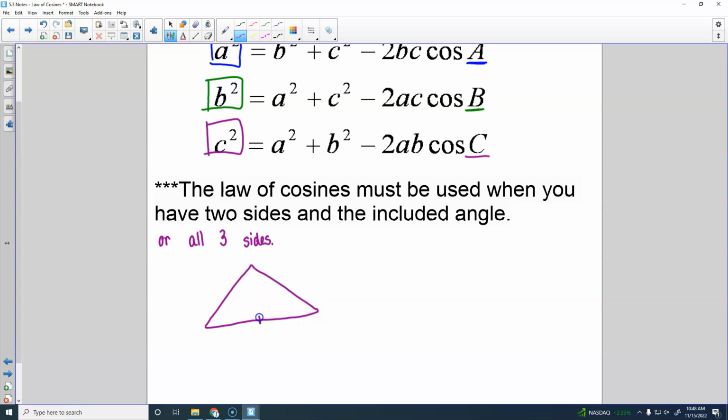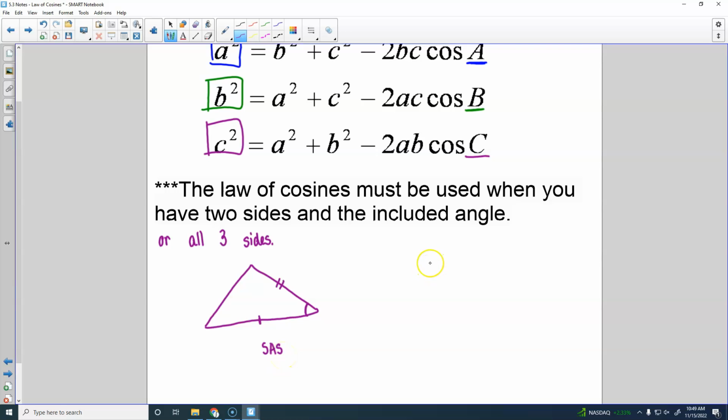We might have this side right here, we might have this side right here, and we would have the angle that connects those two sides. This is not angle side, right? This is side, angle side, right? The angle is between the two sides that you have. It connects those two sides that you have. So if you have side, angle side, then you're going to have to use law of cosines.